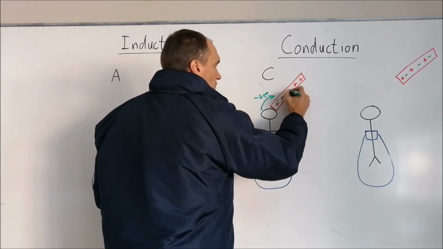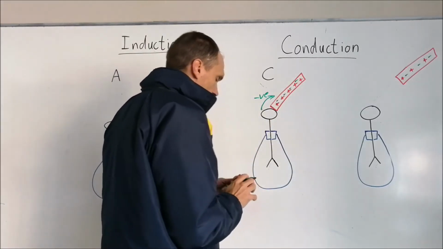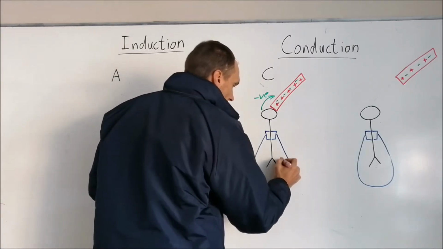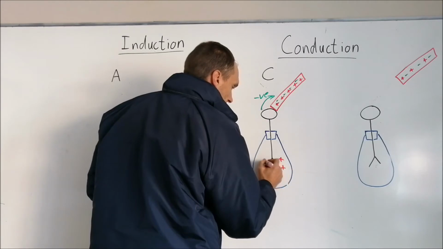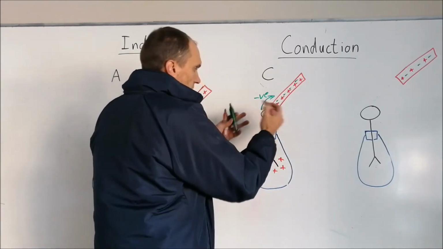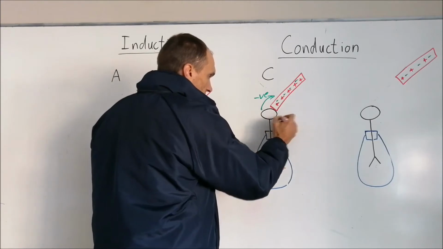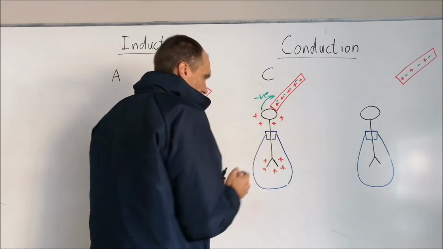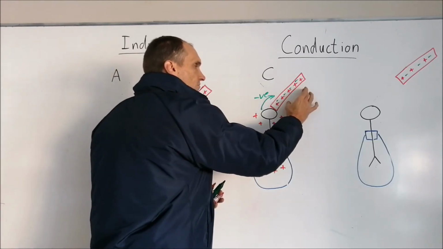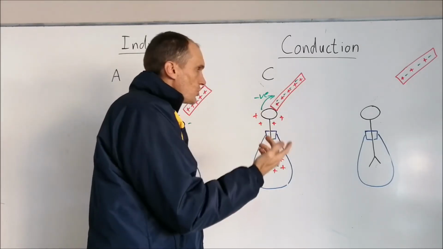So you will get the movement of electrons onto that glass rod, and obviously we've got positive charge already here at the bottom, even when we were coming close, but what that will do is leave positive charge behind on the electroscope, and the rod will become more neutral.